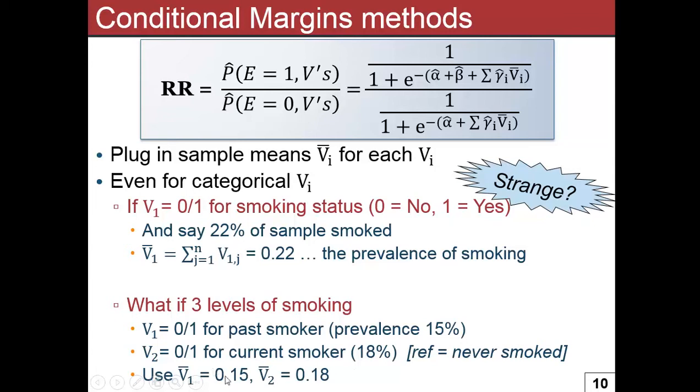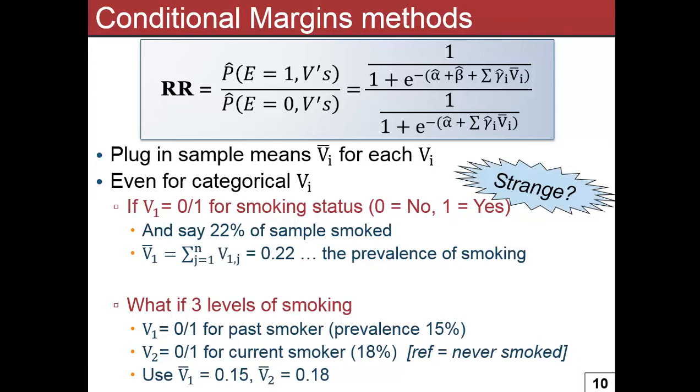Then you're going to plug in 0.15, 0.18, and that's going to represent the average smoking situation in the data set. Well, that's kind of weird because no single person in the data has anything above 0 for both of those. You're either a past 1, 0, or a current 0, 1, but you're never a 0.15 and a 0.18.